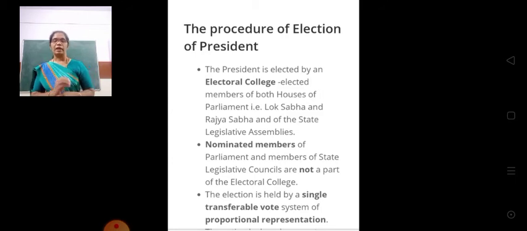He is elected by a body called an electoral college.